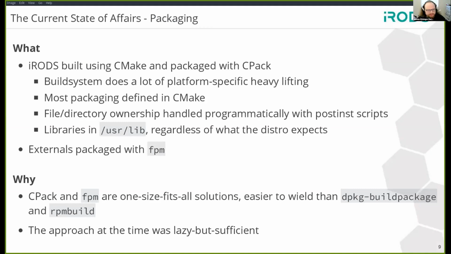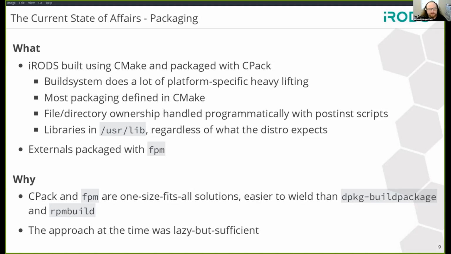So let's talk about our packaging. Like I said before, iRODS is built using CMake and packaged with CPack, and our externals are packaged with FPM. For the iRODS build system, the build system does a lot of the platform-specific heavy lifting, and most packaging is defined in CMake. So that's where we set all of our package dependencies for each distribution and that sort of thing.